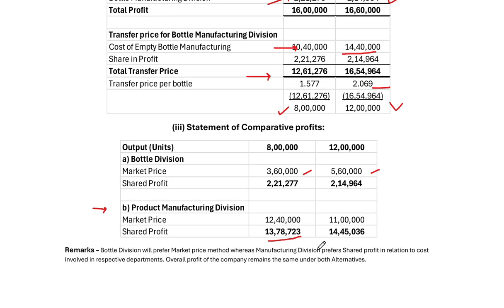But if we see from the angle of the product manufacturing division, profit is more in the shared profit method, because their profit increases. So a very important concept for the exam is that total company profit remains the same under both methods, because transfer pricing only shifts profit between divisions. It doesn't change overall company profit.